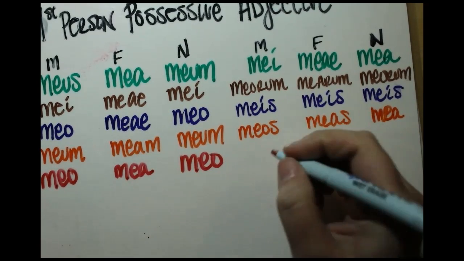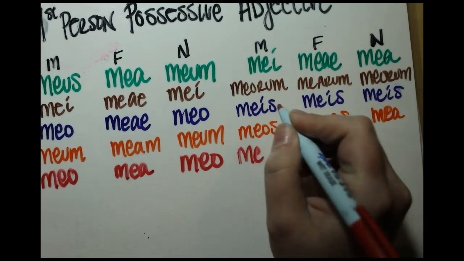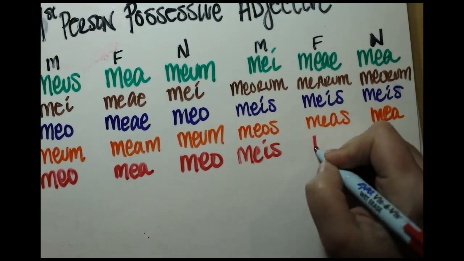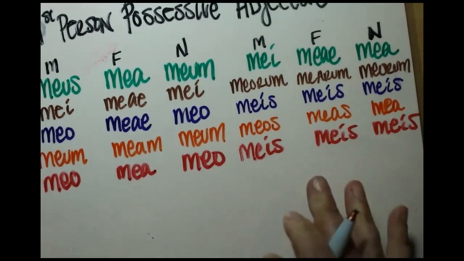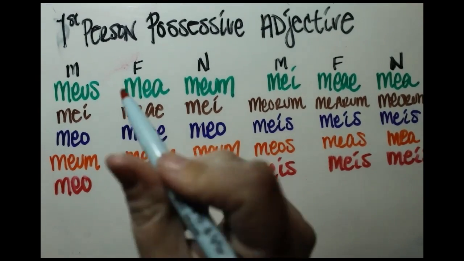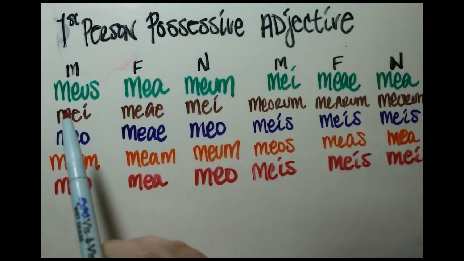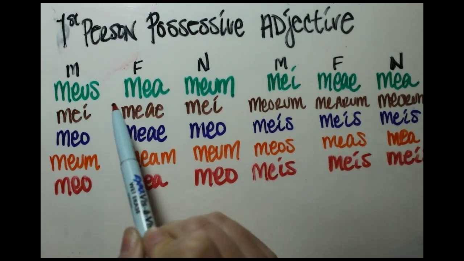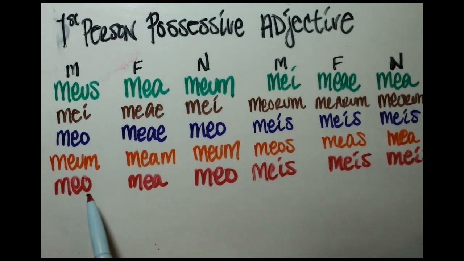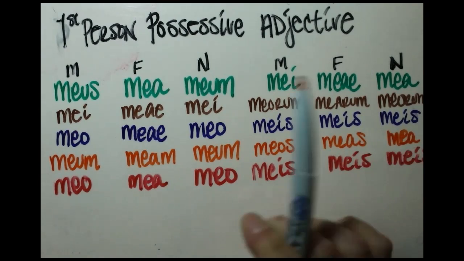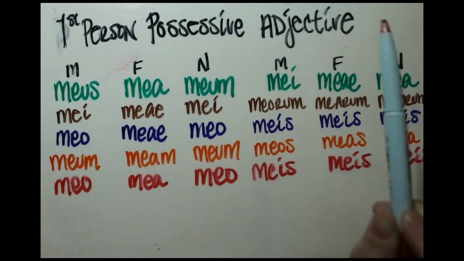And then in the ablative, same thing as the dative, meis, meis, meis. Okay, so this is first person possessive adjective: my, of my, to, for my, my as a direct object, by, with my, in the singular and in the plural.